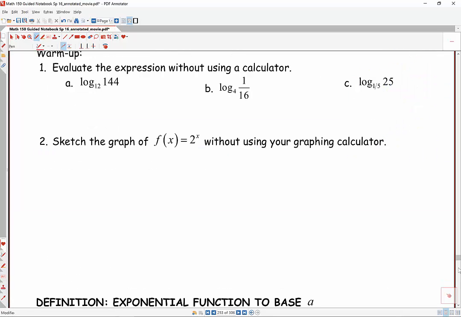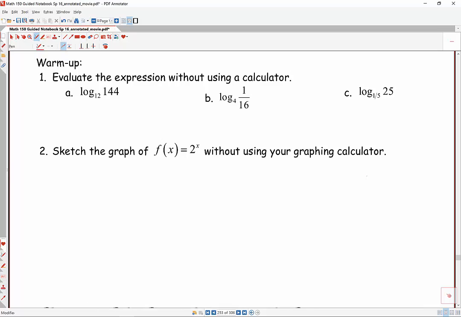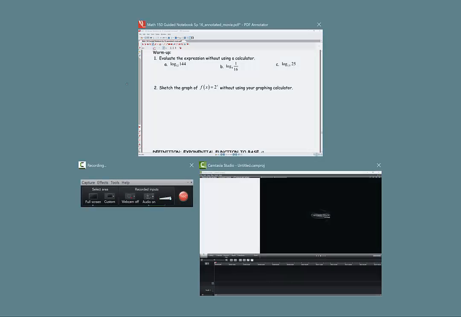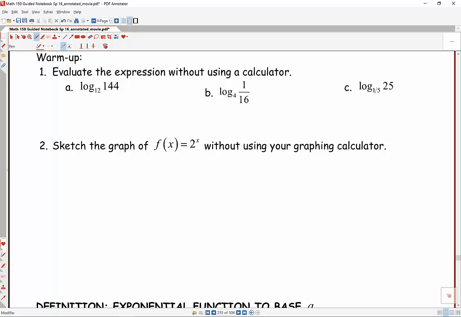So we'll start off with practicing on logs. We're going to evaluate the expression without using a calculator. So remember, the way we read this, the first one, here I'm on A, is the power to which I raise 12 to get 144.